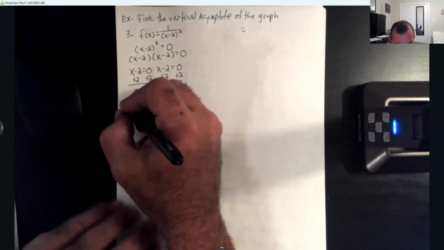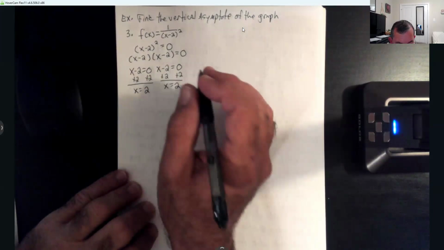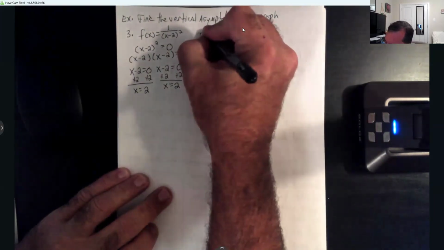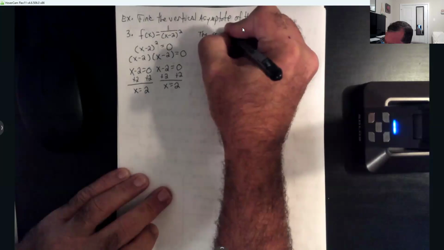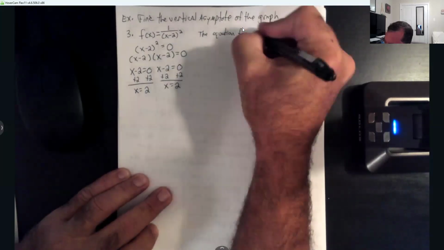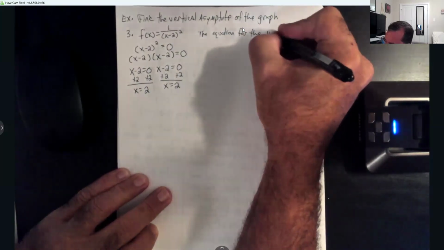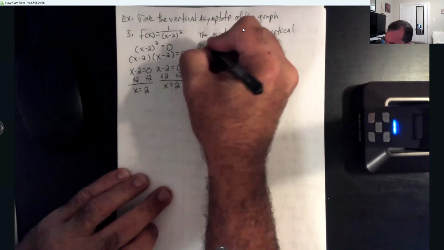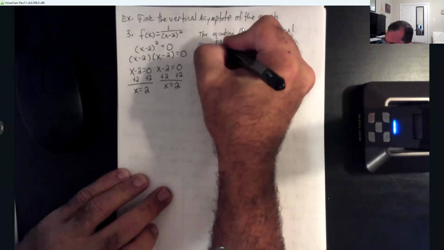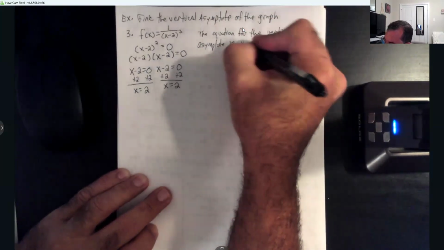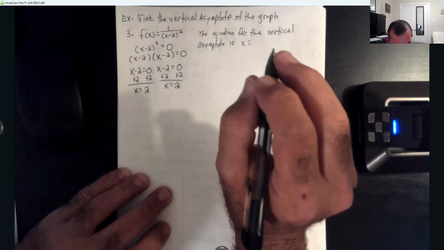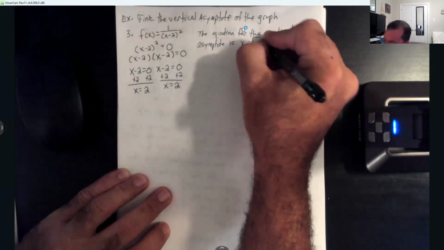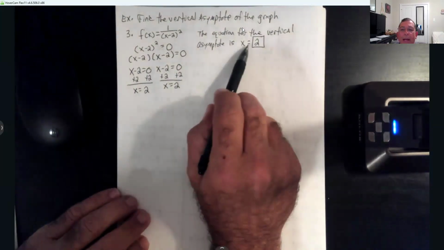So my vertical asymptote, and they'll say the equation for the vertical asymptote, is x equals, and then we put in our number, which was 2. So this one, they gave me the x equals.